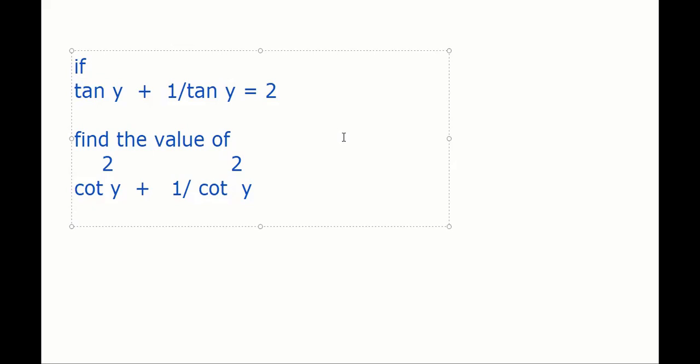Tanishka says 2. Okay, Anvi, explain please. Sir, we can take y as 45. So tan y will be equal to 1, plus 1 by tan y, which will be cot y, which is cot 45, which is also equal to 1.